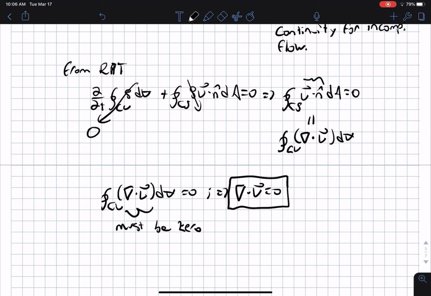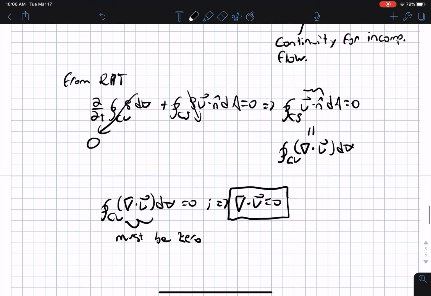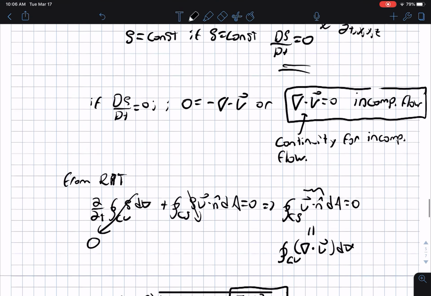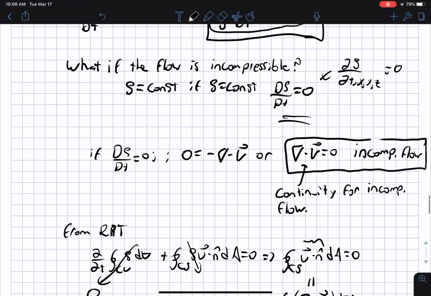Now, what this shows, though, is that it's not necessarily that we need constant density to have an incompressible flow. Instead, we just need the substantial derivative of the density with respect to time to be equal to 0.